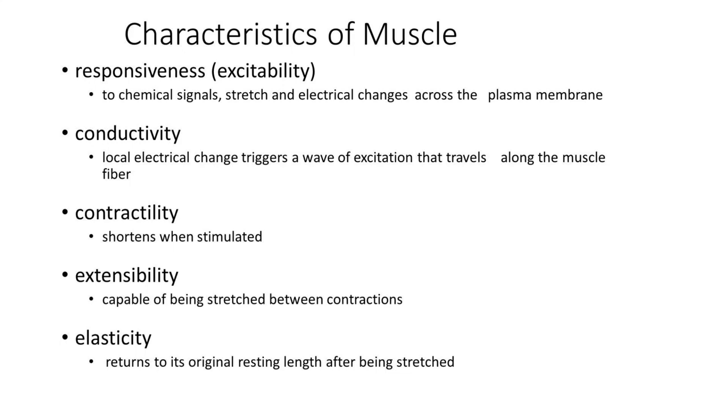They are also capable of being extended or stretched when they are not contracting. And they have elasticity. They return to their original resting length after being stretched. So they are able to contract and relax and stretch and do all these different movements because of the properties they contain.